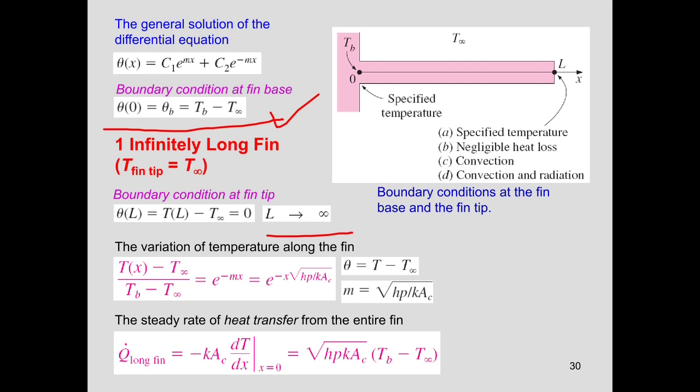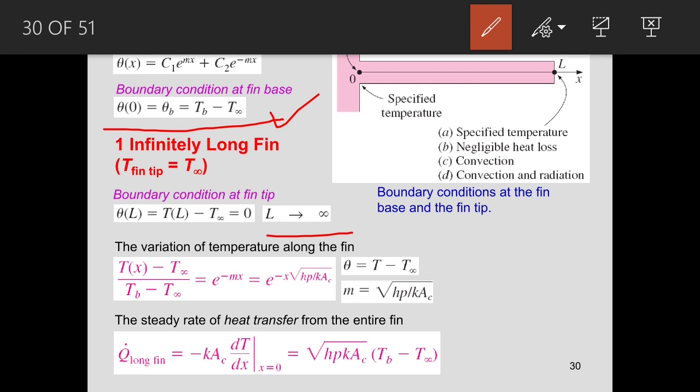Now if we substitute the values, we will find the solution as theta of x, that is T of x minus T infinity, divided by theta of b, that is Tb minus T infinity, is equal to e raised to minus mx. So theta of x is equal to c2 e raised to minus mx.